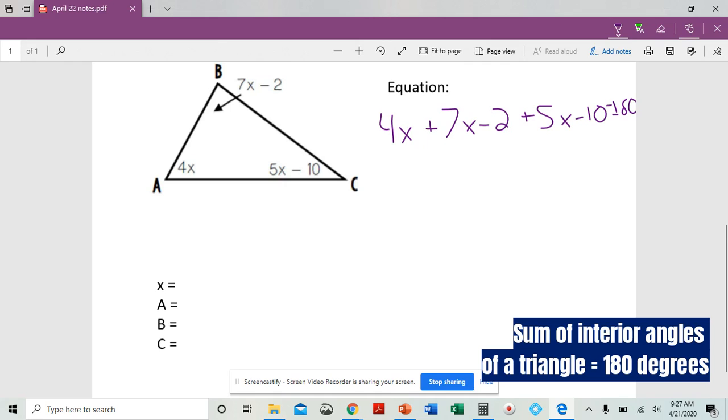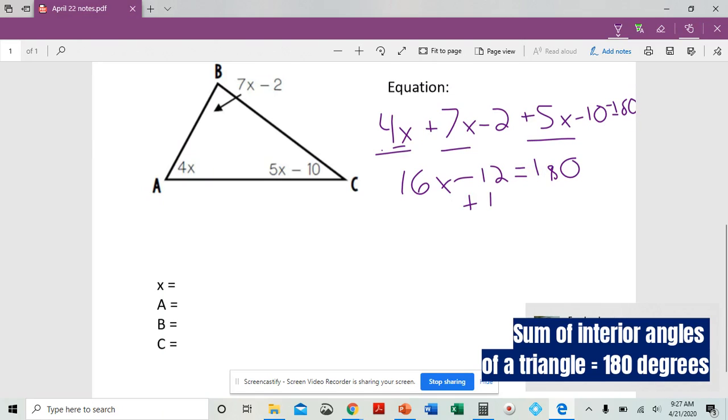All right, let's combine our like terms there. So we have 4x and 7x, that's going to be 11x, plus 5x, it's going to give us 16x. Combine our integers here, so negative 2 minus 10 is negative 12, equals 180.